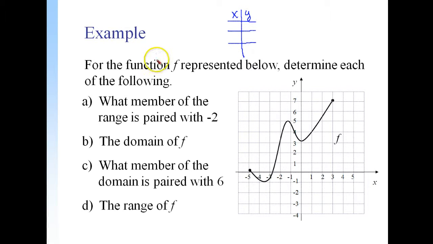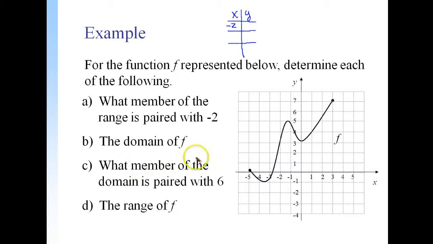Now they're saying, what member of the range is paired with a -2? Well, they're asking for the range, so that's a y unit. So they're giving you the x unit. That goes there, -2. What is the domain of this function?